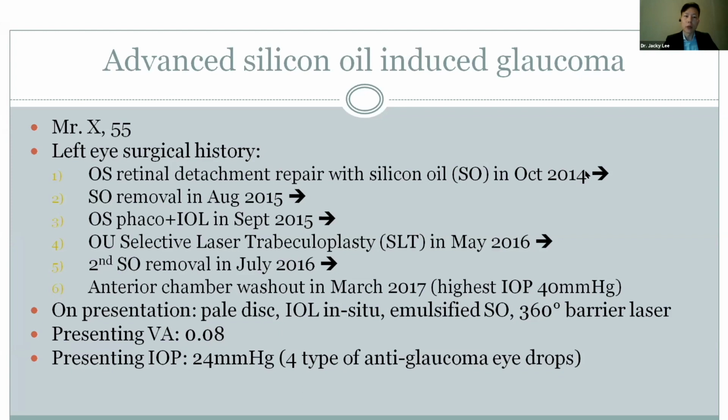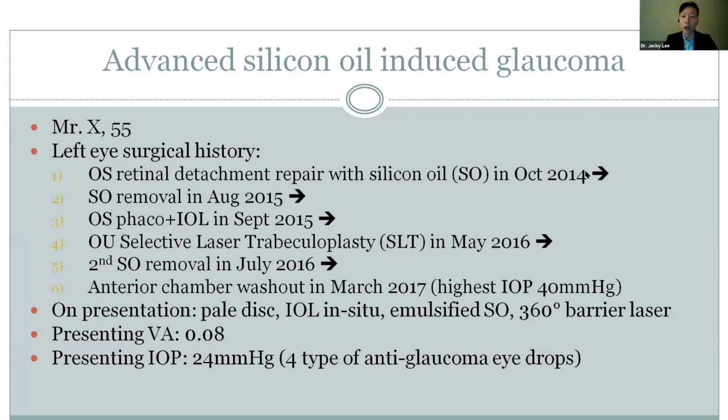When he came to see me on presentation, he already had a pale disc. The intraocular lens was in situ. I was able to see emulsified silicone oil, which is expected because even though we do silicone oil removal, a number does remain in the anterior chamber. At the back of his retina, he had 360 degrees of barrier laser done, but it was a flat retina.